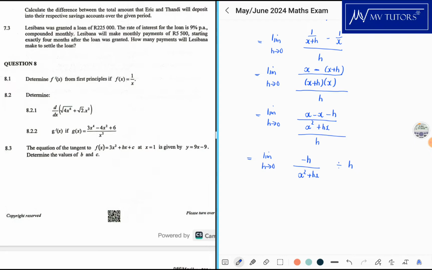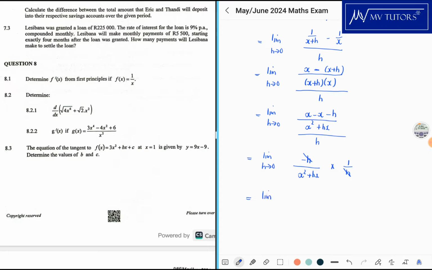Alright, what I can do, I can simply say it's multiplied by 1 over h. What I wanted to achieve by doing that, because I don't like a fraction over a fraction, is that I can cancel out the h's.